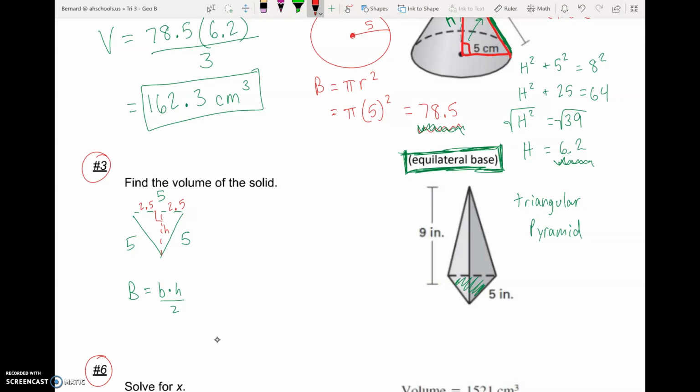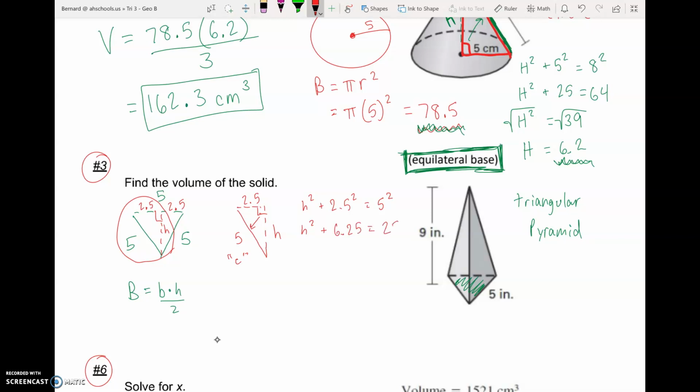If I focus on this triangle, with this being h, the top being 2.5, this being 5, and here's my right angle, across from it is always c. I can do the Pythagorean theorem here: h squared plus 2.5 squared equals 5 squared. So let's solve this. h squared plus, and 2.5 squared is 6.25.